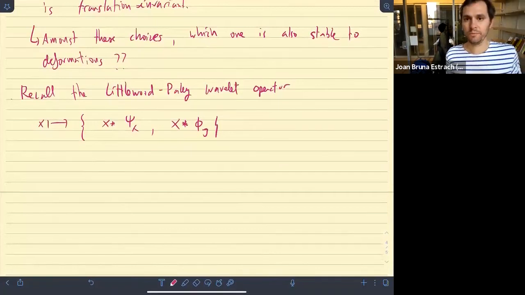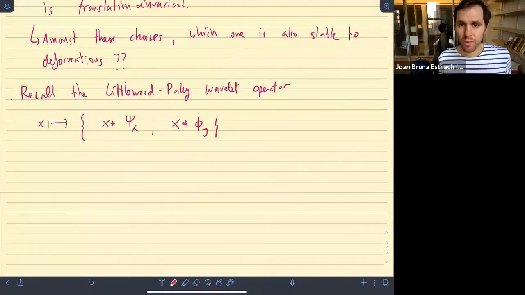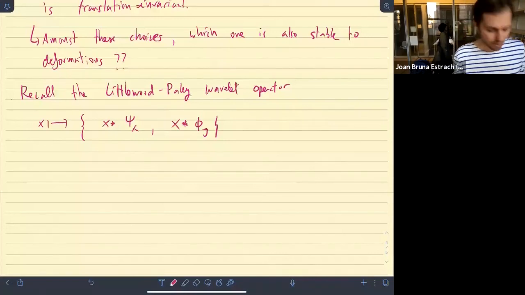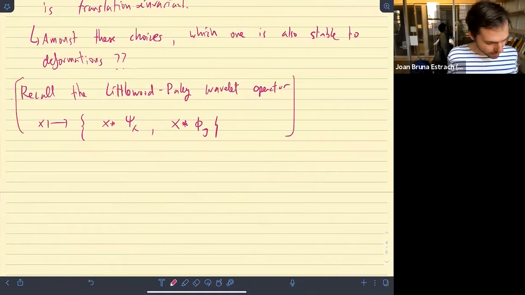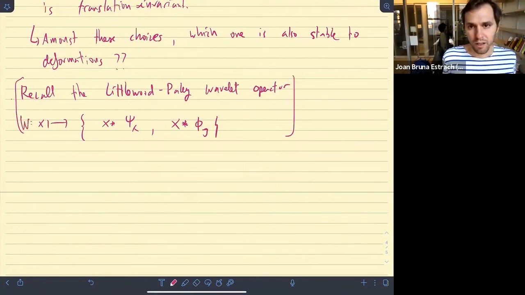And so, stability here. Let me also convince you how we can actually get stability in the context of the geometric deep learning blueprint. Before connecting it to the wavelet, let me give you one last ingredient that you need.